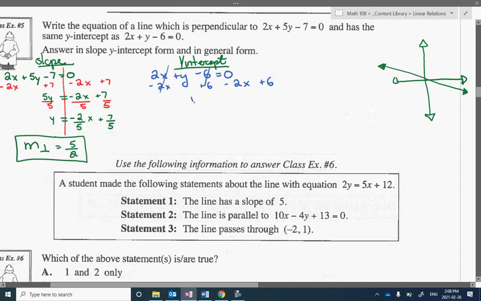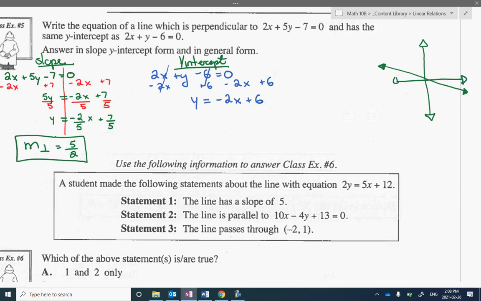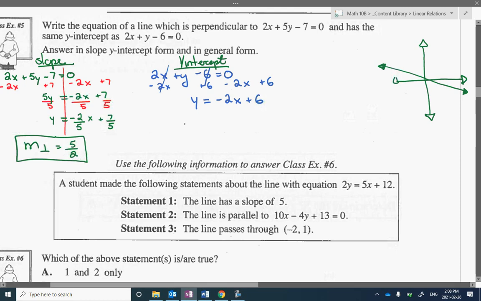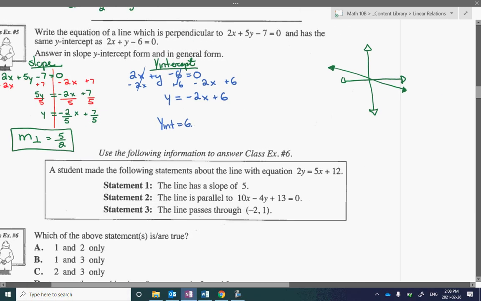So then it's in the form mx plus b. What is the y-intercept of this line? Plus 6. Good. So the graph of that line is at plus 6, so it crosses up here.